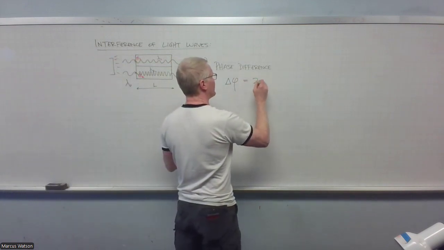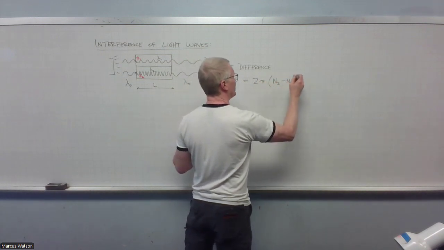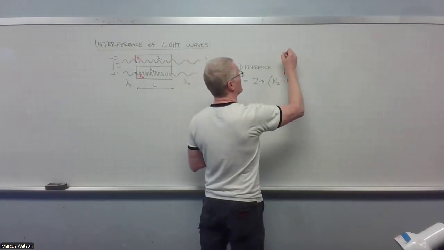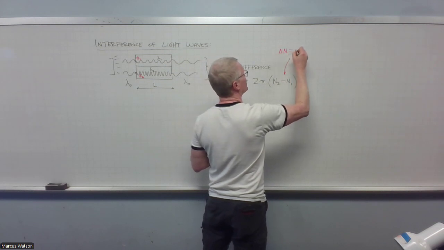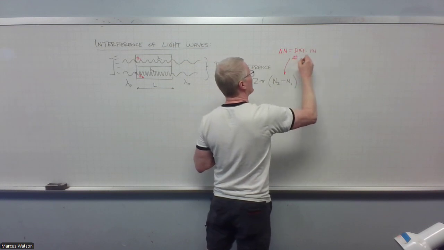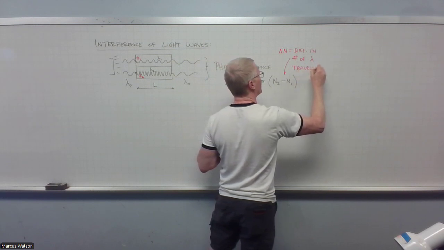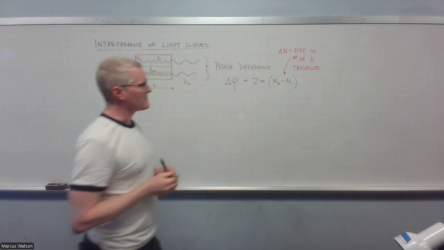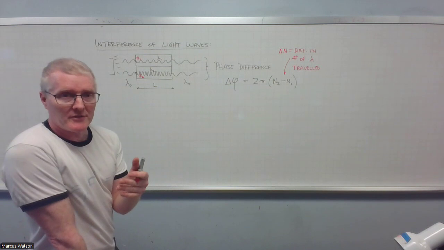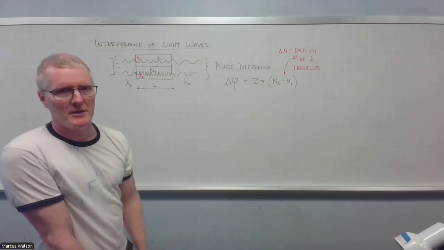So you might talk about it as something like 2 pi times the difference in the number of wavelengths traveled, delta n. So if I say it was different by 2 wavelengths, well, 2 times 2 pi is 4 pi, and then you'd know that's 2 wavelengths, right?